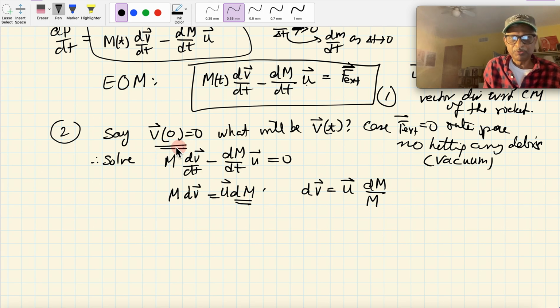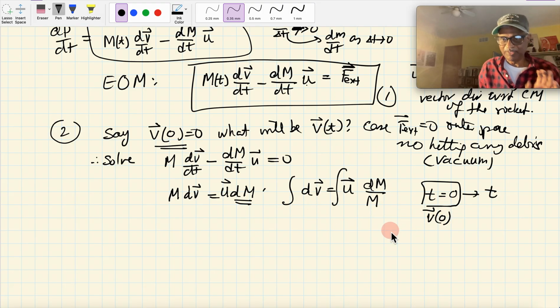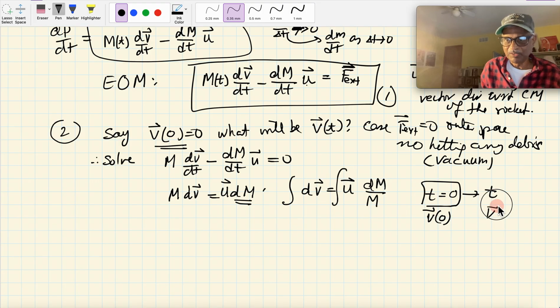And because from time 0 to time t, we're going to do that. We are actually doing vector integration, but you can just do it component-wise if you like. And this will be velocity at t, and m at 0, and then m at t.